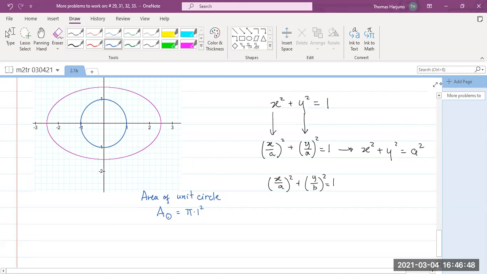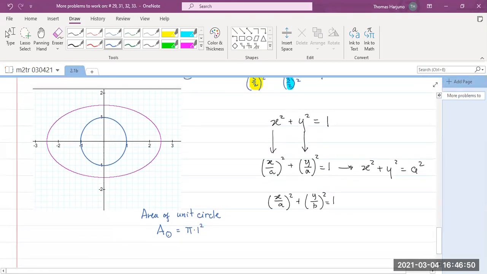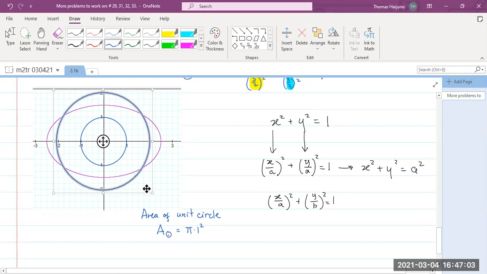Okay. Now, what happens if you have a circle with radius 2? What is the area? Then you say that the area of that circle equals pi 2 squared, right? That's correct, though.